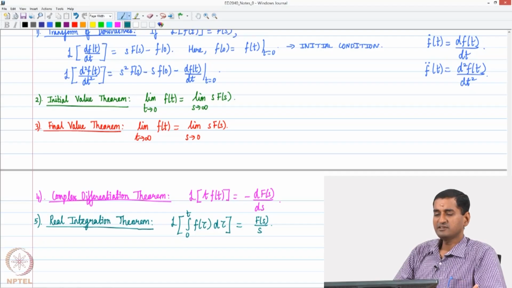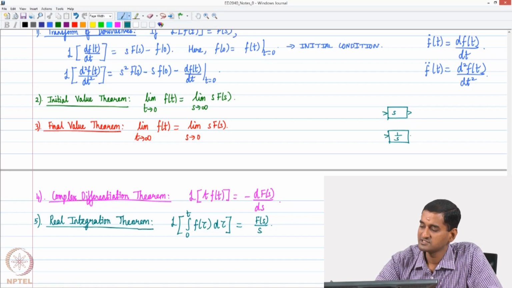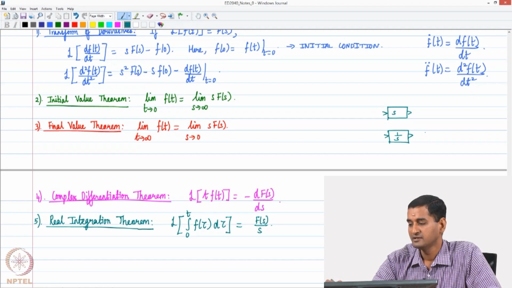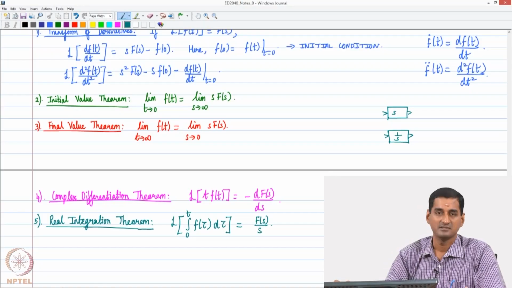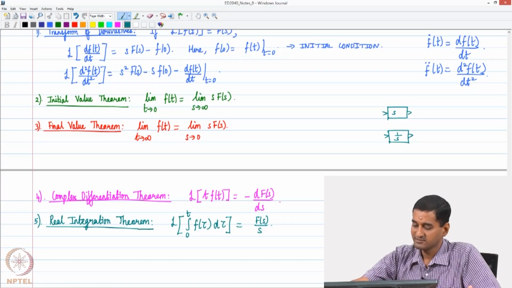In fact, if you use tools like MATLAB and Simulink, this is the reason why we see the block s for derivative and 1 by s for integrals. If you use Simulink, this is the graphical user interface that we would have for a differentiator and an integrator block. That is because of this Laplace transform: when you take a derivative we multiply by s in the complex domain, and when we integrate we divide by s. So that is why we have these blocks.